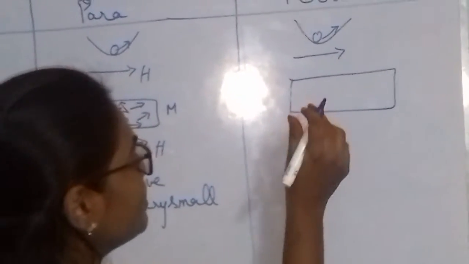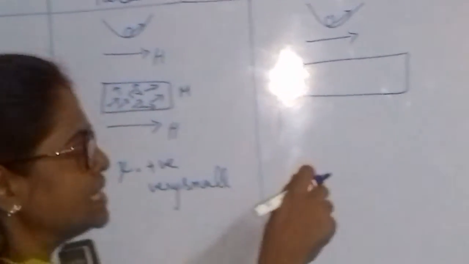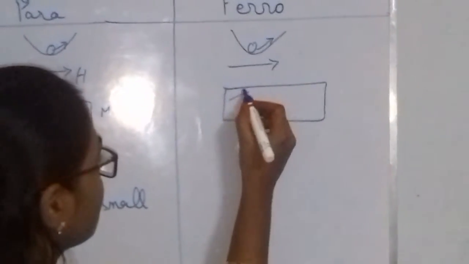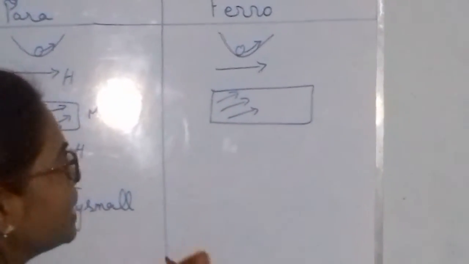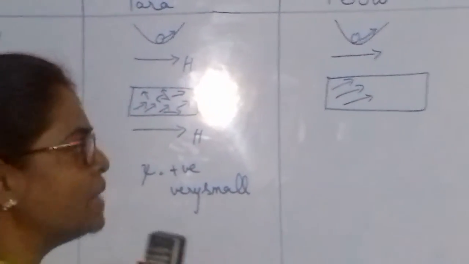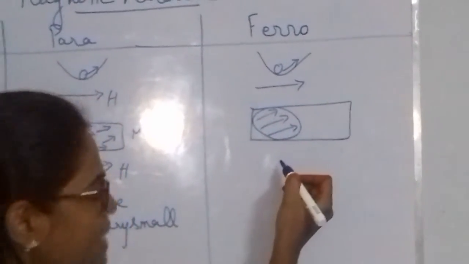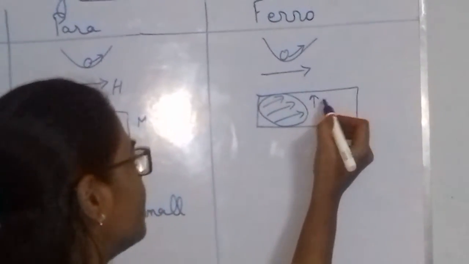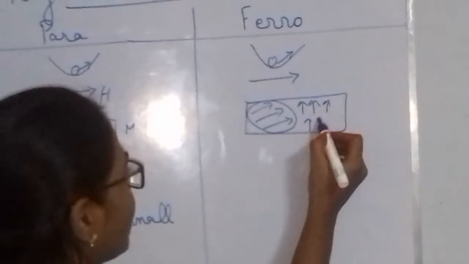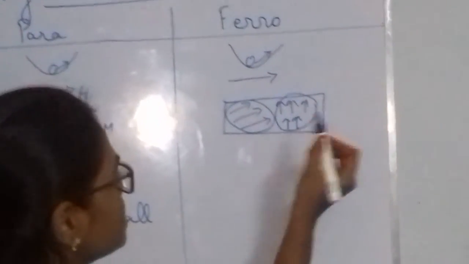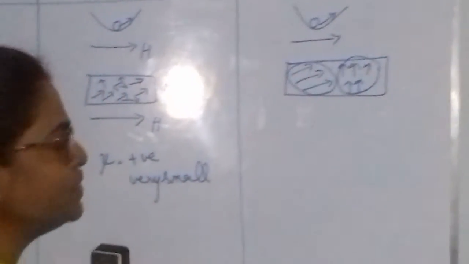But for ferromagnetic material, we will see this in detail, because this is our portion. The spin magnetic moments are aligned in the same direction, but only within some space. This space is called a domain, but the neighboring domain will have some other alignment. This is the domain theory.